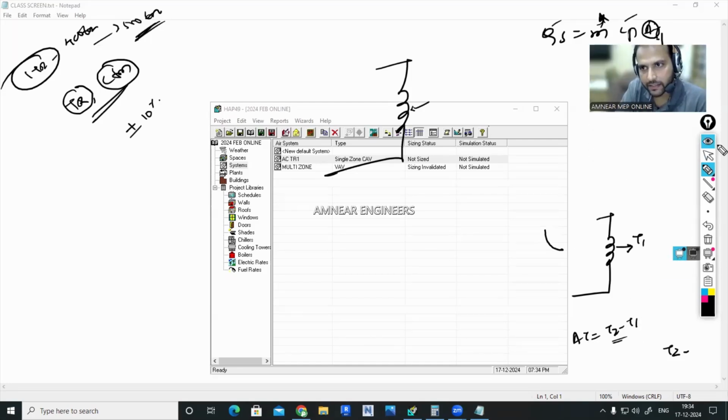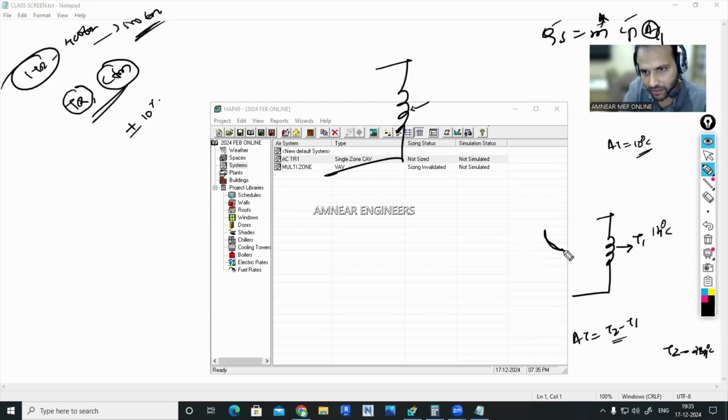If the delta T is decreasing, imagine a room we might have set at 24 degrees Celsius. Let's say the supply temperature we have designed is 14 degrees Celsius. So 24 minus 14, the delta T requirement will be 10 degrees Celsius. But sometimes, instead of 10, based on that only, okay, room temperature is 24.